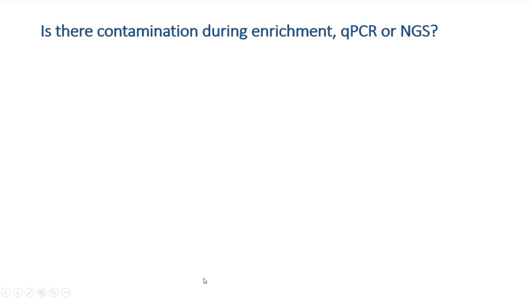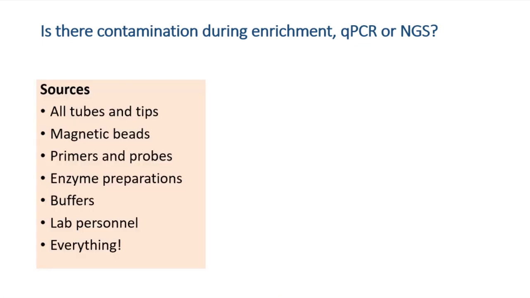So I mentioned I would at least touch on the topic of contamination, and let me wrap up some of the data with these comments. We have seen tubes and tips come in with contamination. We have seen magnetic beads come into our lab and they're contaminated.